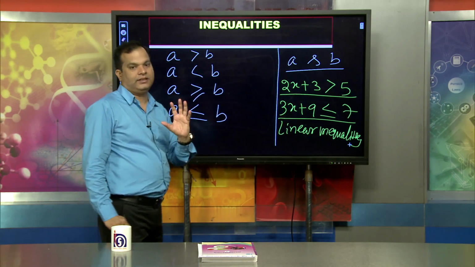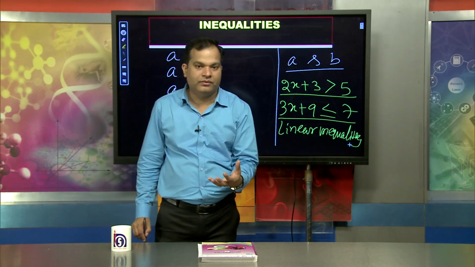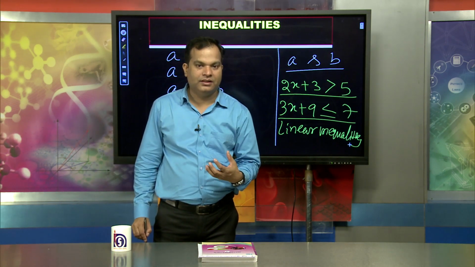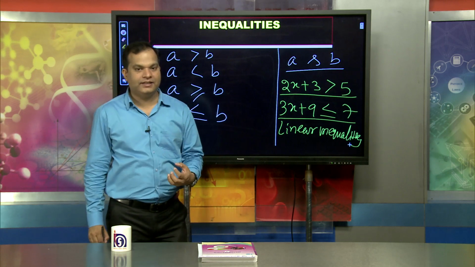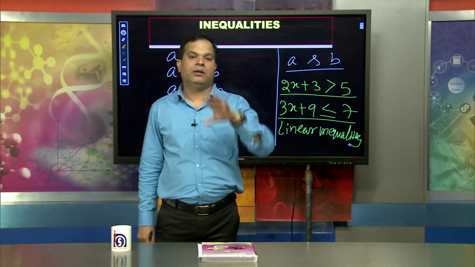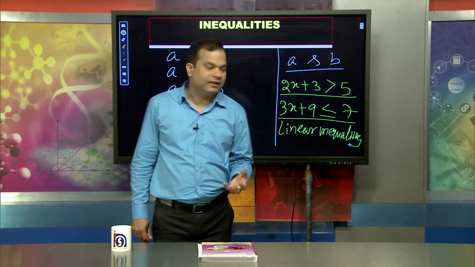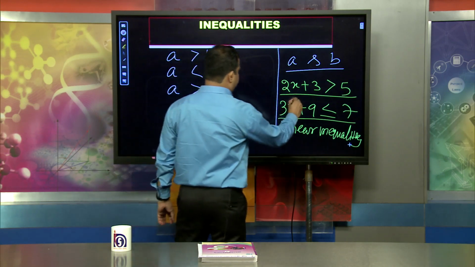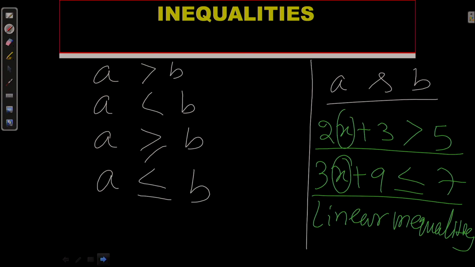The question is how we have to solve the linear inequality. That means how we have to find the value of the unknown quantity. Here the unknown quantity is x, here the unknown quantity is x. How we have to solve this? Suppose this is equation 1 and suppose this is equation 2.